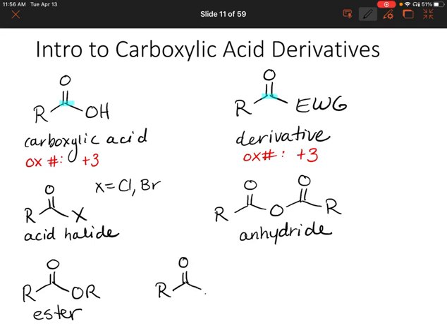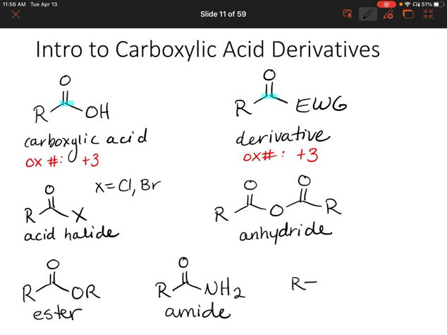Or we could create an amide. And that amide could be a primary, secondary, or tertiary amide. So those hydrogens on the nitrogen could be replaced with alkyl groups. And then finally we have a derivative that looks a little bit different.